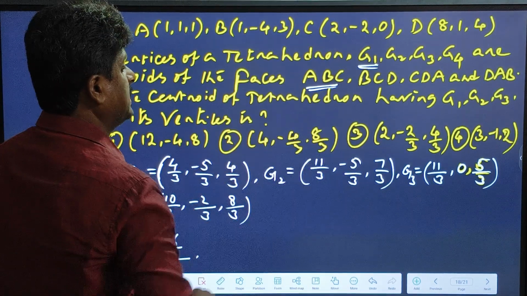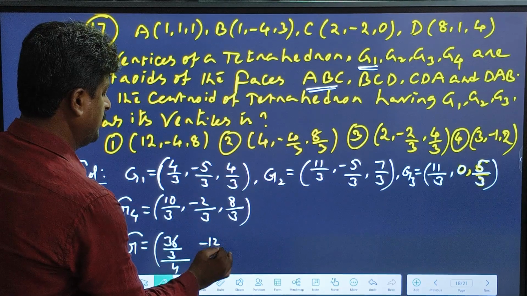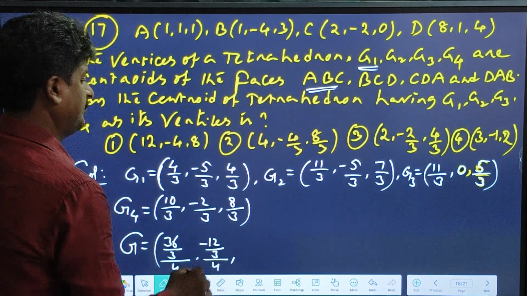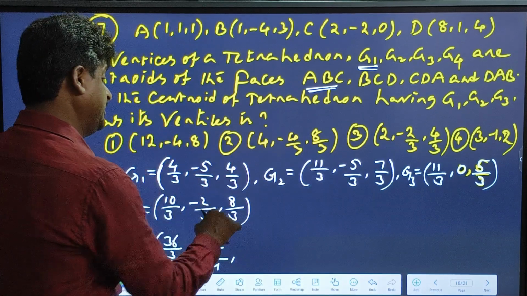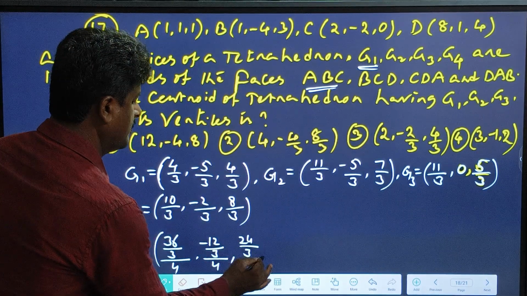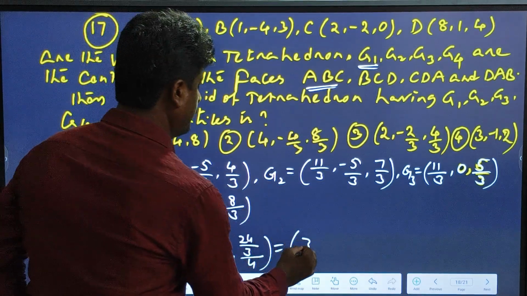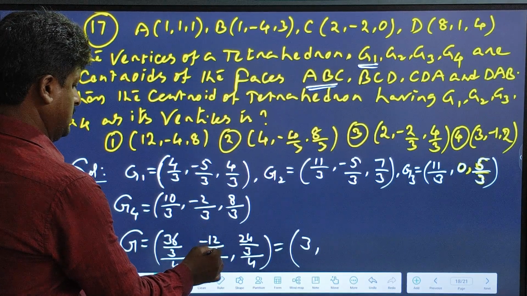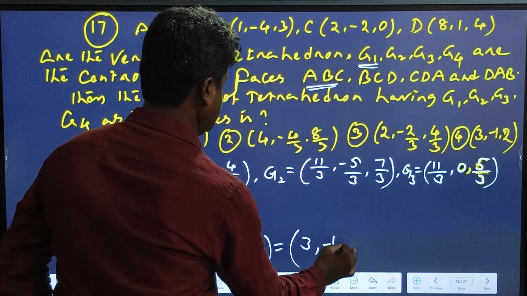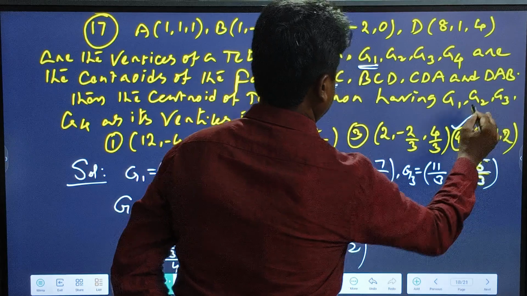Next, minus 5 by 3, minus 5 by 3, minus 10 by 3, minus 2 by 3, minus 12 by 3, by 4. 4 by 3 plus 7 by 3, 11 by 3 plus 5 by 3, 16 by 3, plus 8 by 3, 24 by 3, by 4. Which is 12 by 4, 3, minus 4 by 4, minus 1, 8 by 4, 2. So 3, minus 1, 2.